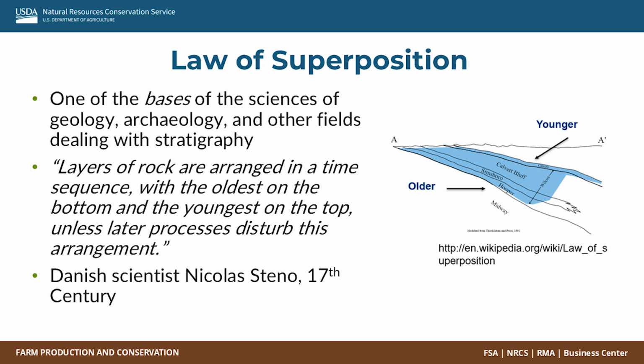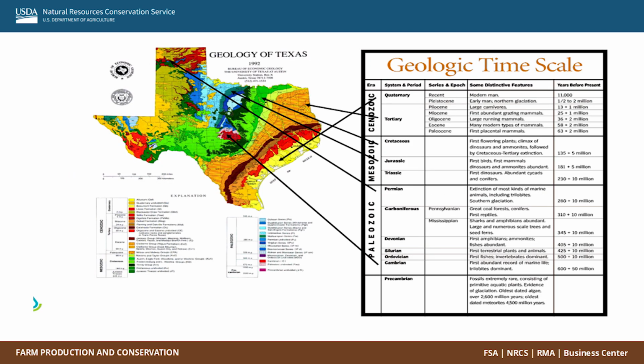So like Cole said, the oldest stuff is on the bottom and then the younger stuff gets on top. This is a kind of law that ties into geology, archaeology, and other fields, or you can call these different layers stratigraphy. And as it relates to parent material in Texas, this slide shows you how the geology relates to the different geological timescales in Texas.